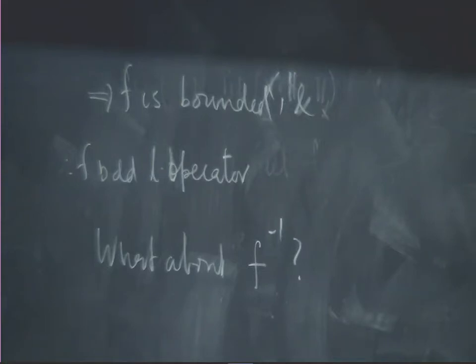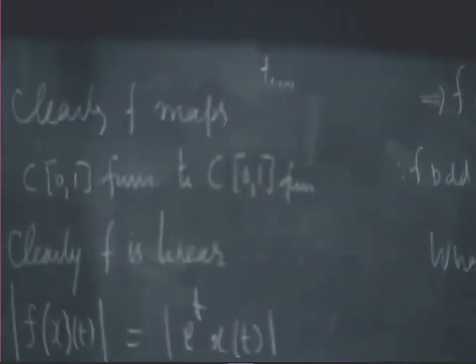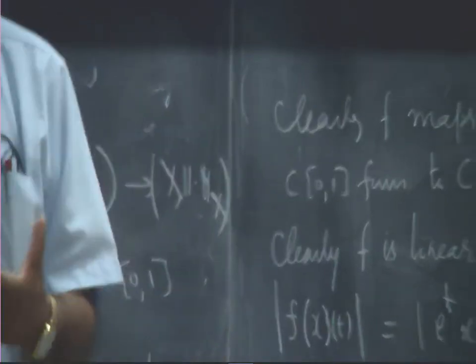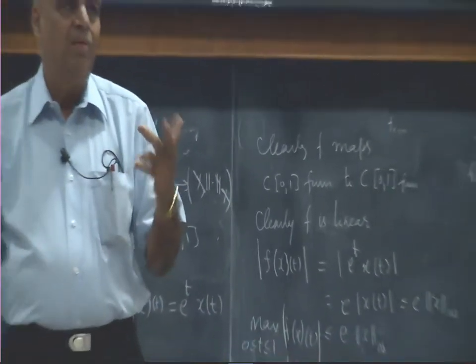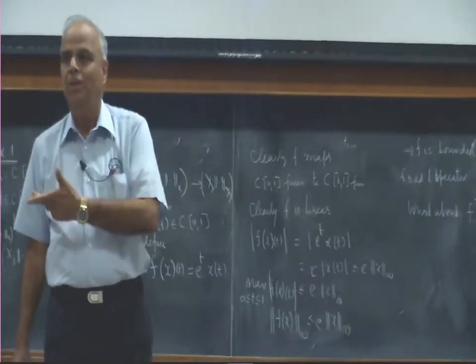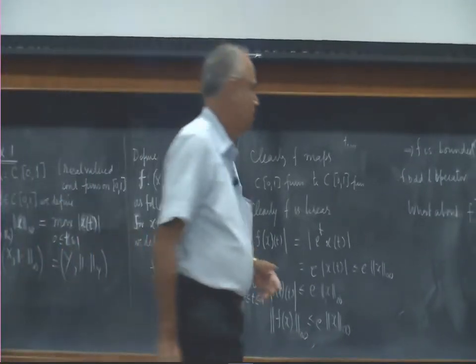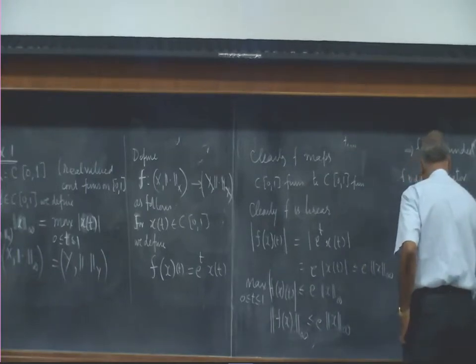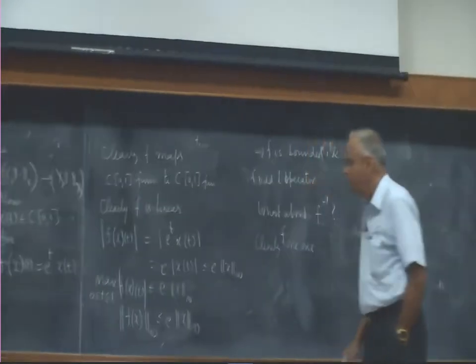If two functions have the same image, then e to the t xt must be equal to e to the t yt. E to the t is non-vanishing, so I can cancel it. So xt equals yt at all points. So x is equal to y. So clearly f is one-one.